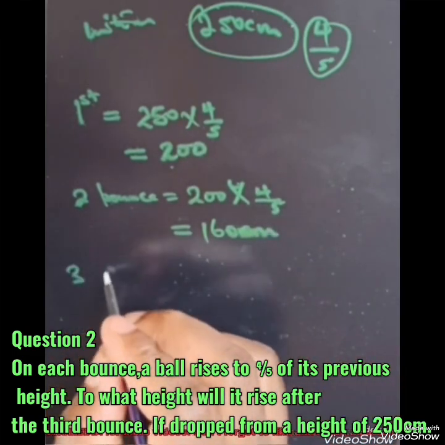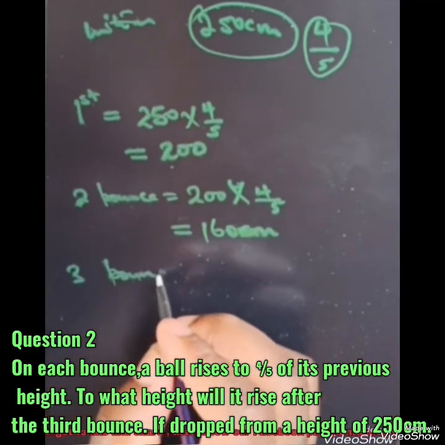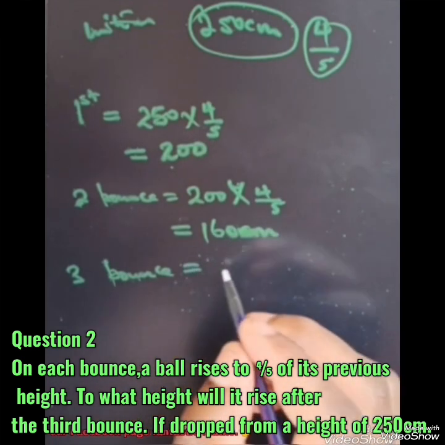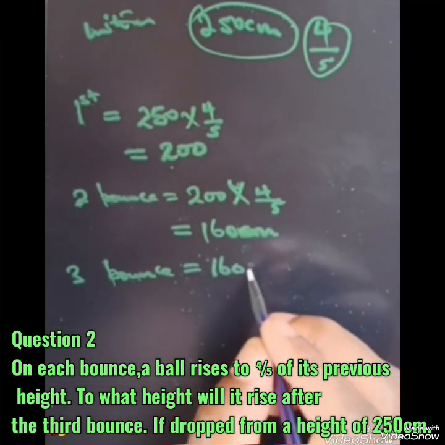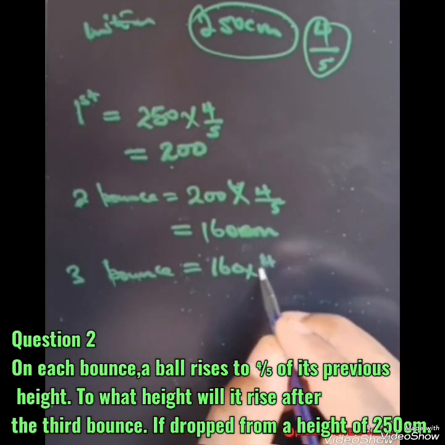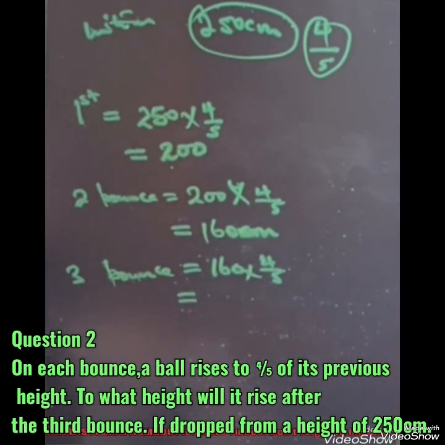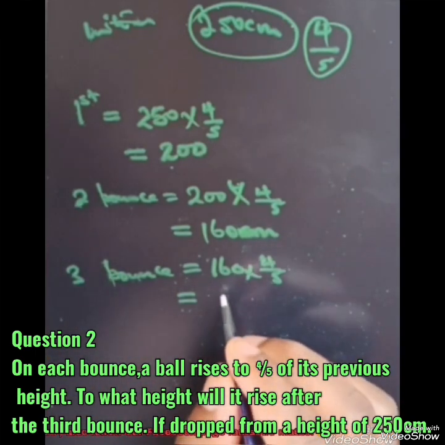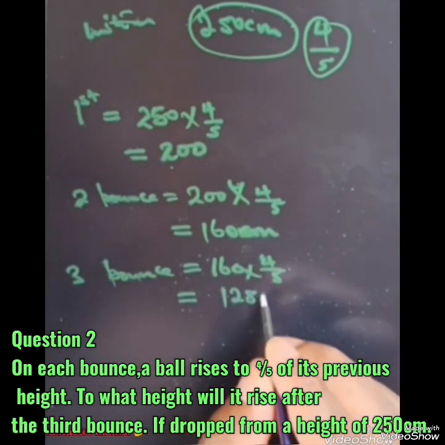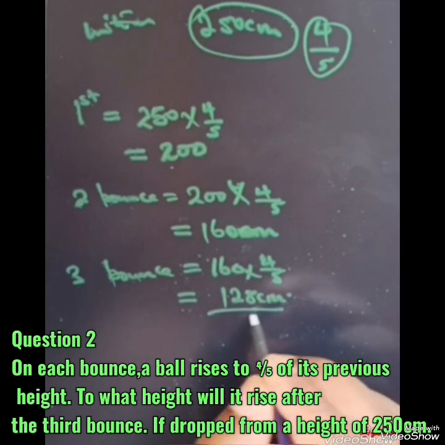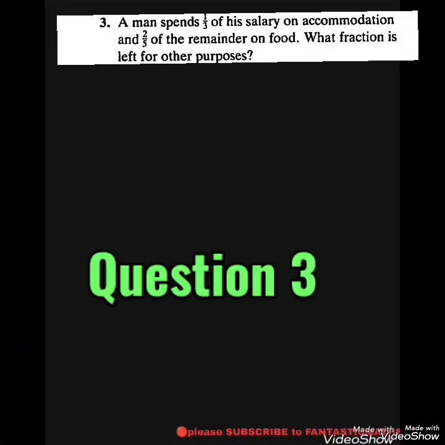Third bounce: the question says to what height it rises after the third bounce. So we multiply 160 centimeters by 4 over 5 to find the third bounce. I divide 5 into 160 times 4, we get 128 centimeters. So this is the height for the third bounce.